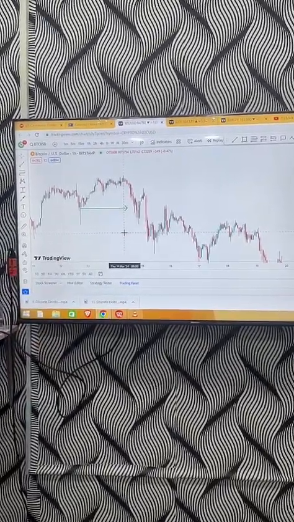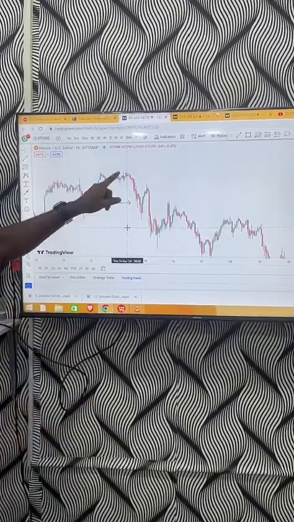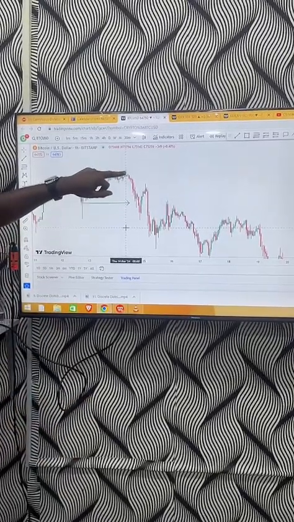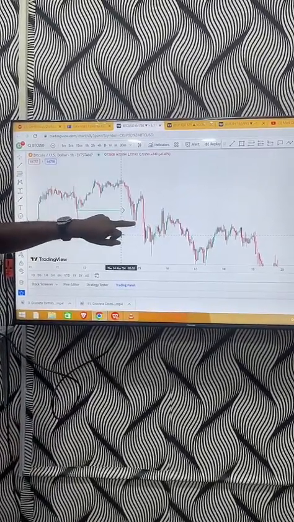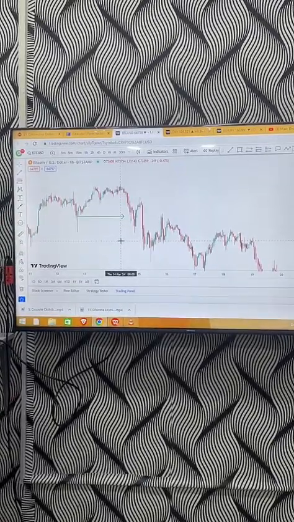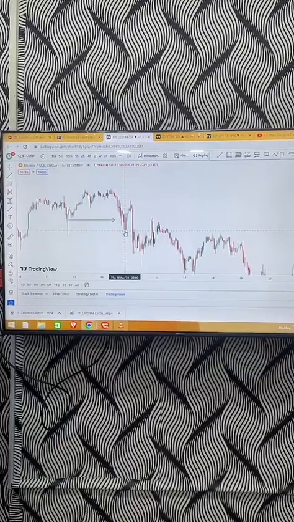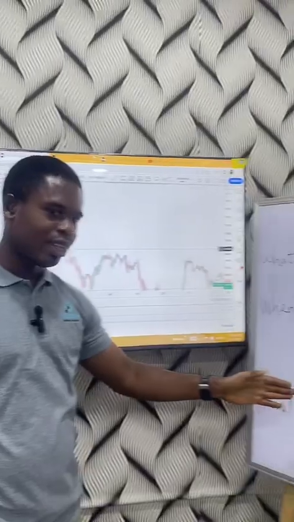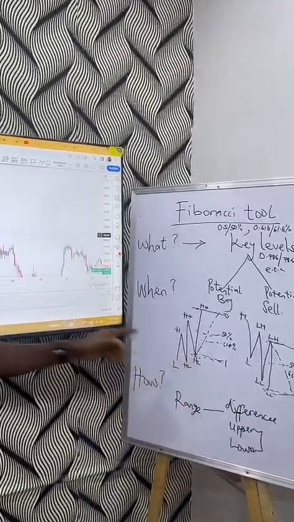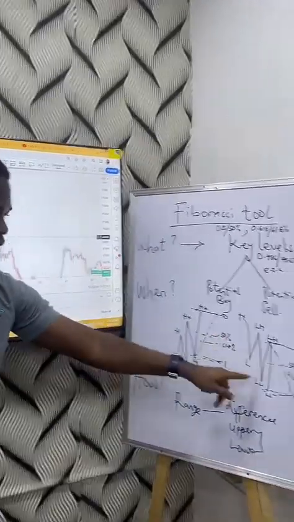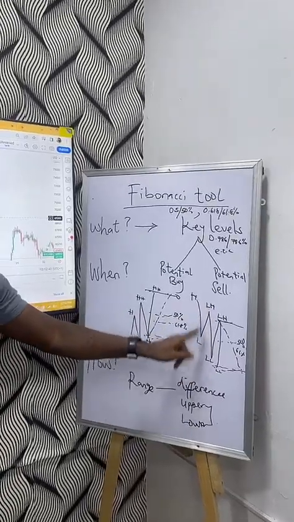So now, how do we draw this Fibonacci tool? We want to draw this tool from this high here to this lower low. Remember, that's our range. If we go back to what we explained on the board earlier, in a downtrending market, we have the lower high, lower low.